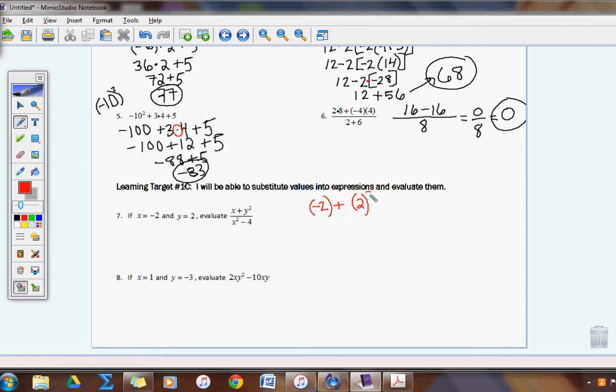So I'm putting that there, squared, all over x squared, which is negative 2, squared, and then minus 4.